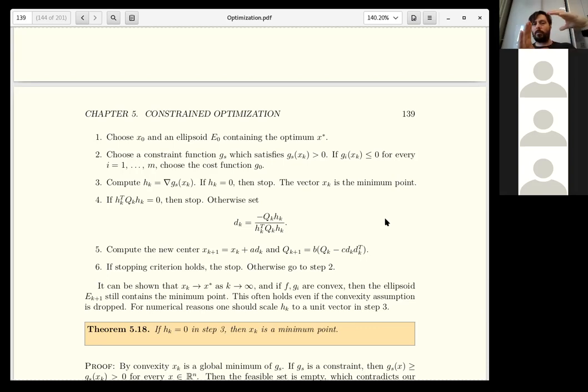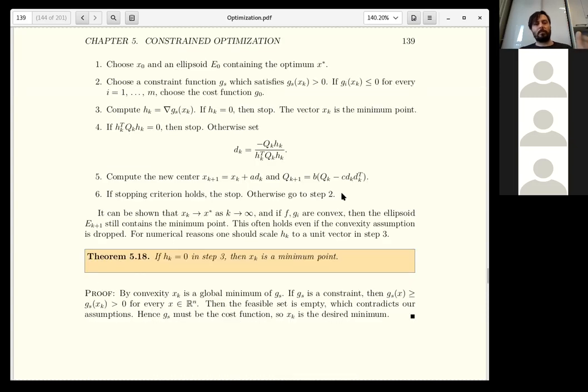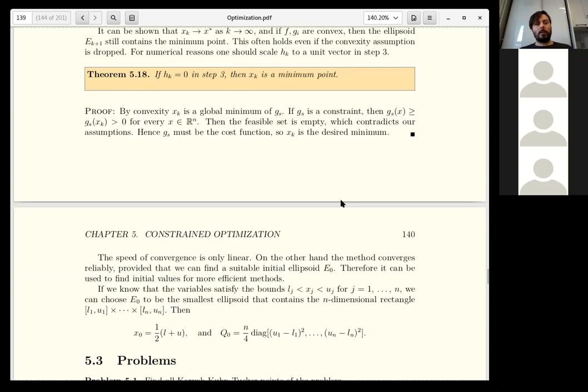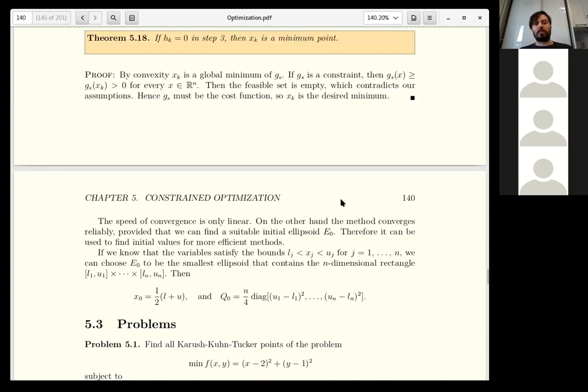We compute a new center for it, and we squeeze the ellipsoid until it's so small an ellipsoid that, for all intents and purposes, it contains to a great accuracy our point, and we're done. I'm not going to go into the details here, but the methods are such that they guarantee this, and there's a proof as well, which we don't discuss now.